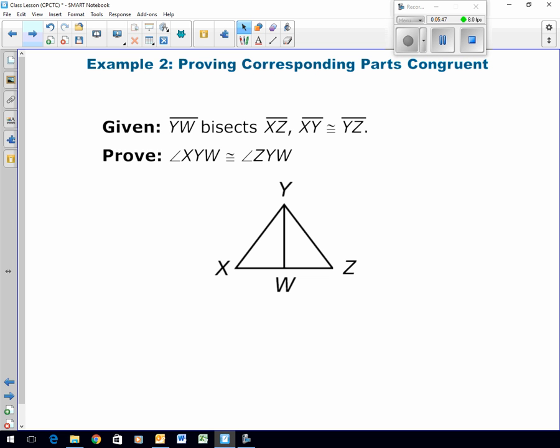After you've written it down and drawn this picture, add to your diagram the information that you've been given.